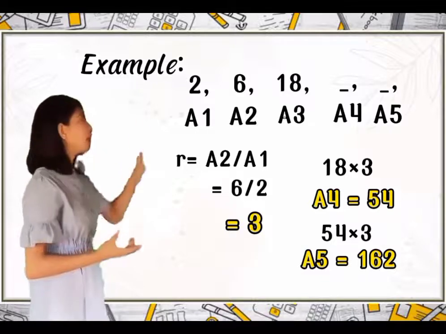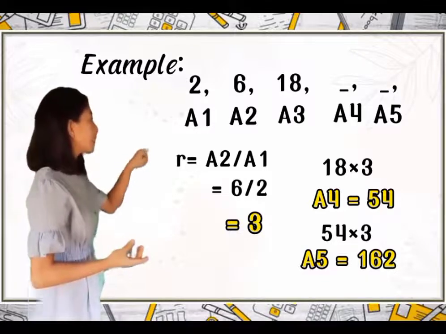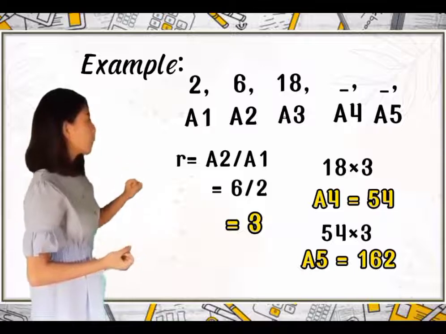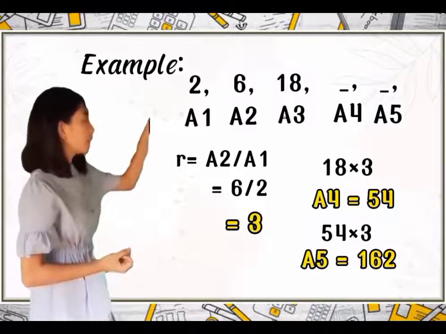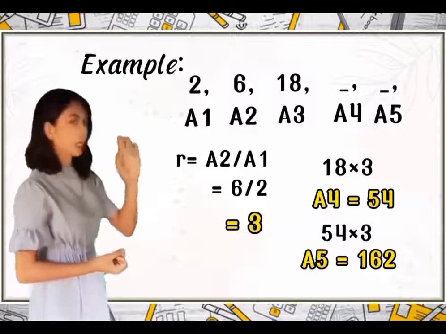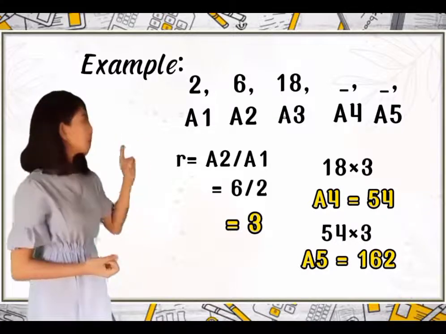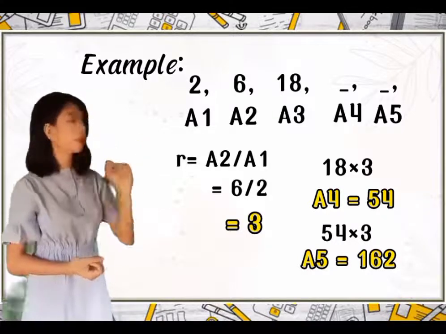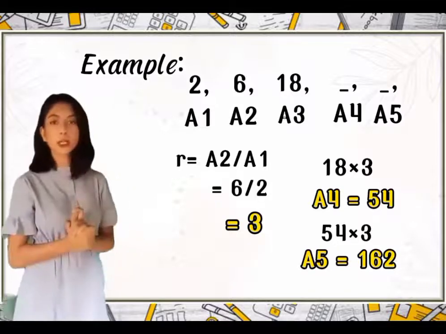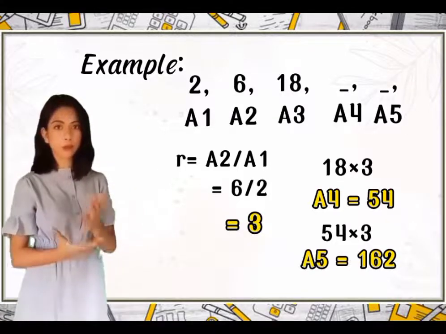So 18 times 3: 3 times 8 equals 24, write 4, carry 2, then 3 times 1 equals 3, plus 2 is 5. So the next term is 54.